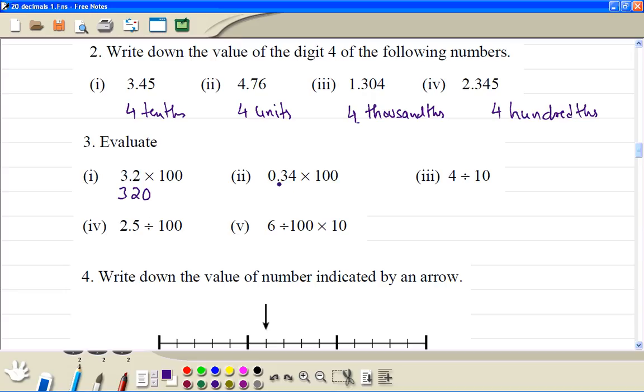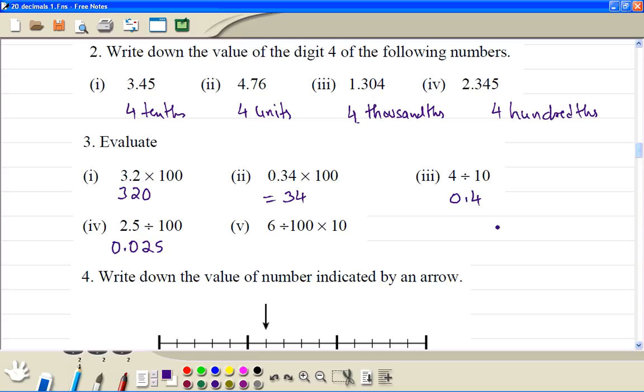Same here, this decimal moved to the right 2 places, so this becomes 34. 4 divided by 10 is 4/10, which is 0.4. Now moving the decimal to the left 2 places, then we put the decimal, we put 0 there.